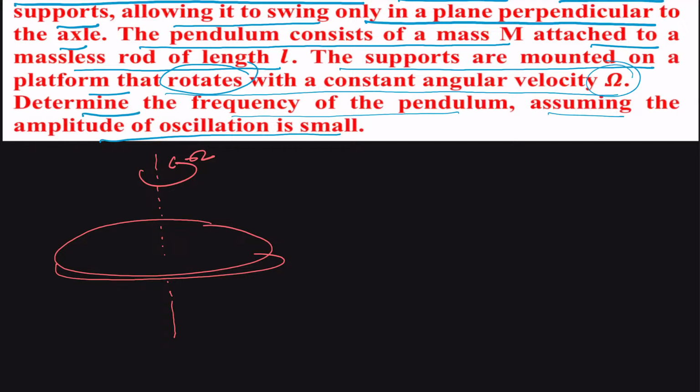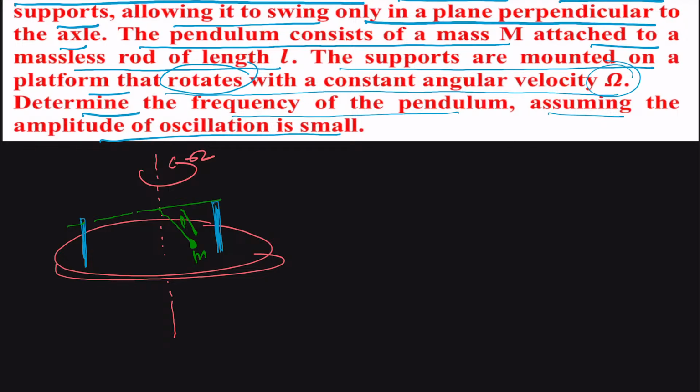On this platform we have two pillars, something like this, and on these pillars we have a horizontal rod, and to this horizontal rod the pendulum is connected. Let me draw it this way, and this mass is m and the length is l.